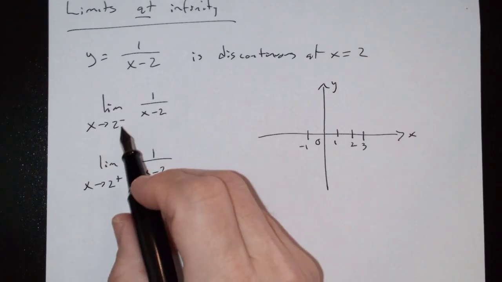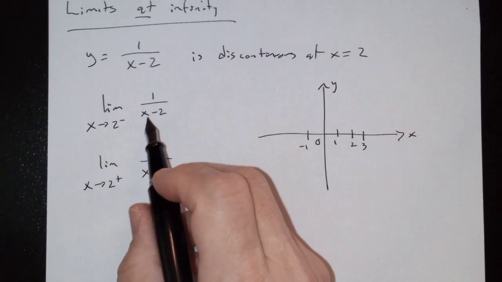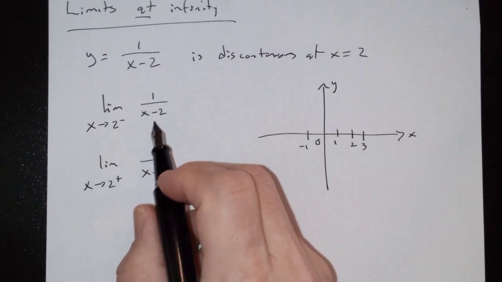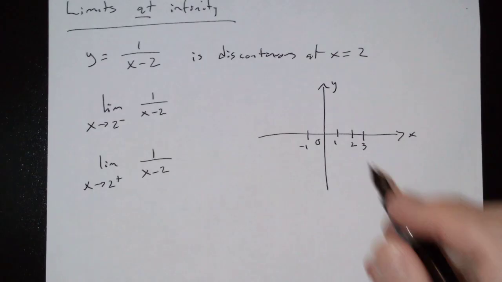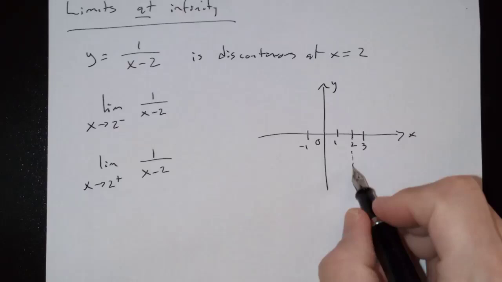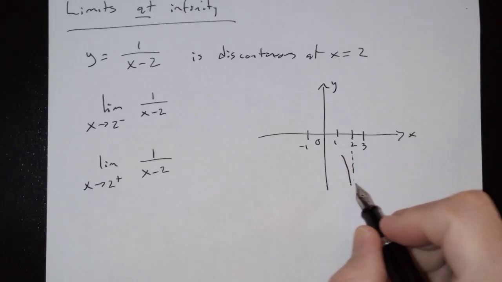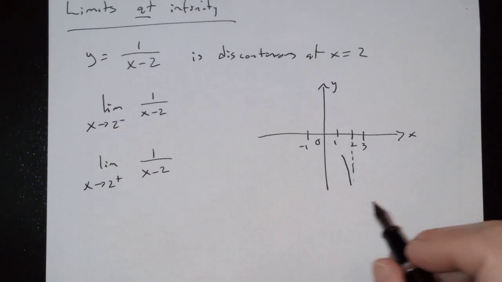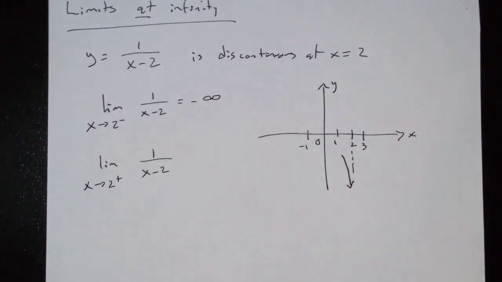As I get closer and closer to 2, I'm still using numbers that are slightly smaller than 2. So when I subtract 2, I'm going to get something negative. And 1 over negative small is going to be big, but negative. So I should expect on this side to continue going down. And that would make this limit negative infinity.